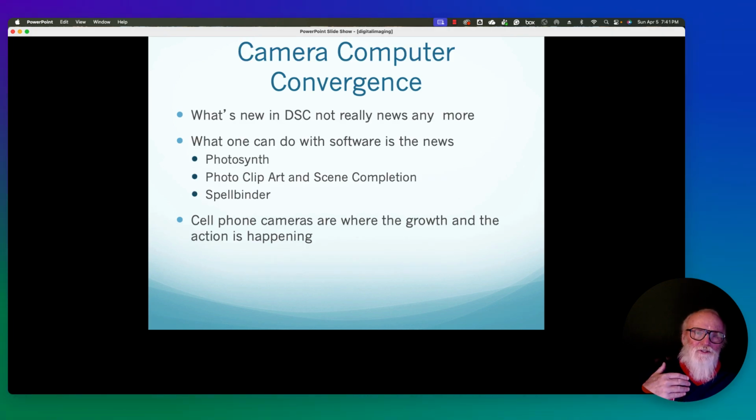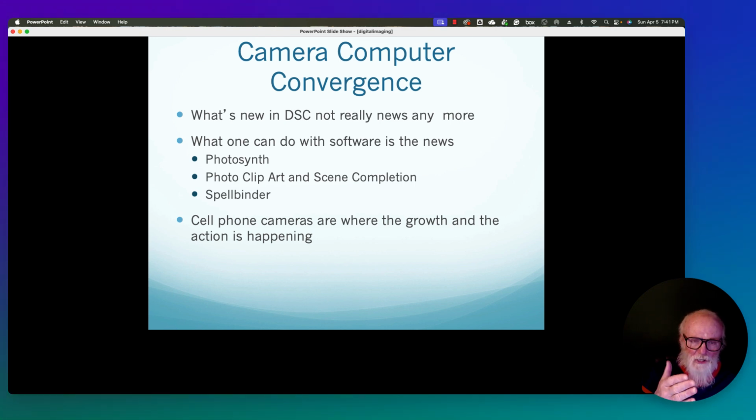Now, what is new about the DSC now? It's not new anymore because they've taken care of it. It works very well. But one of the interesting things is the software. You see it on your phones anymore. You'll buy a Google phone or an Apple phone, and they will allow you to edit your photographs right there on the device, which used to not be the case.